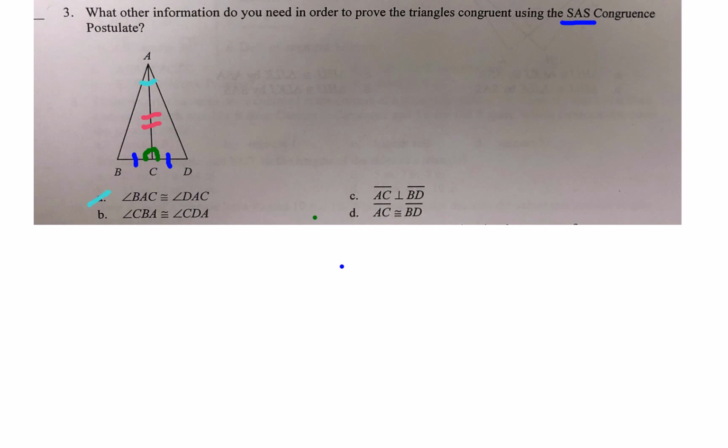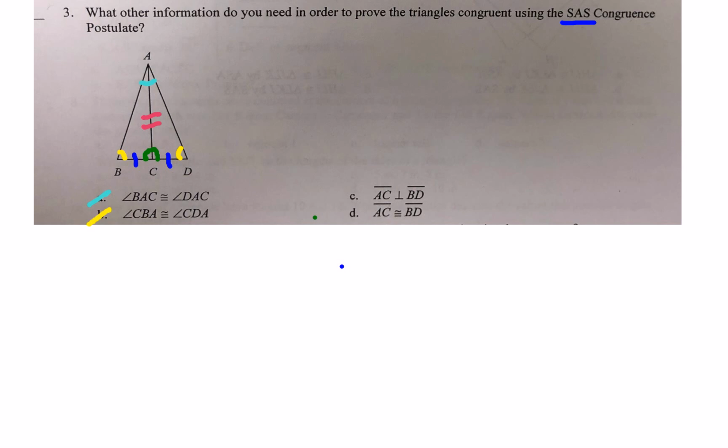So it's not A. Now let me see B. B is talking about angle CBA and angle CDA, so those two angles. Let me make them in another color so you don't get confused. And I don't need those two angles to be congruent because I need the green angle, which is, one more time, my included angle. So B is not the right answer choice.